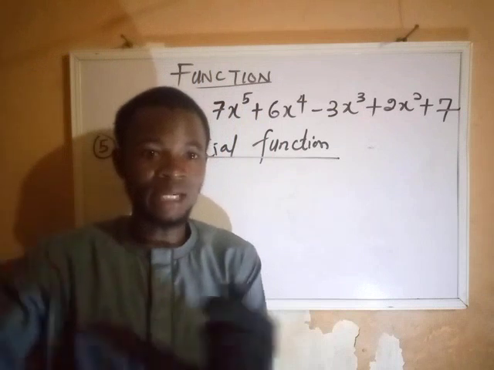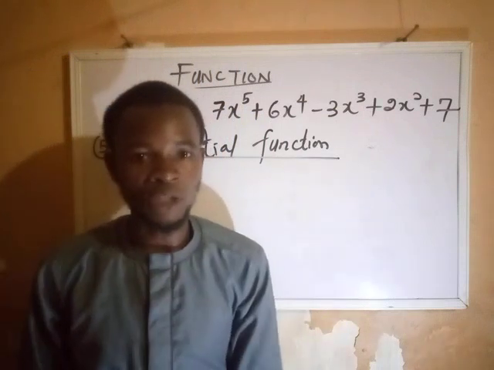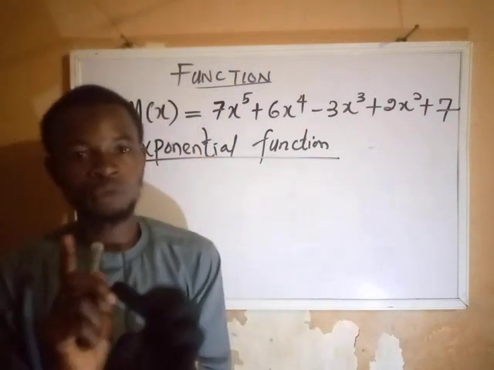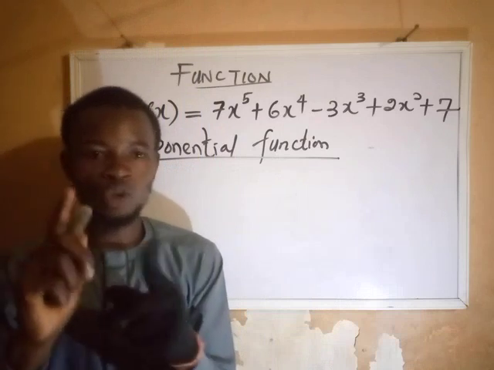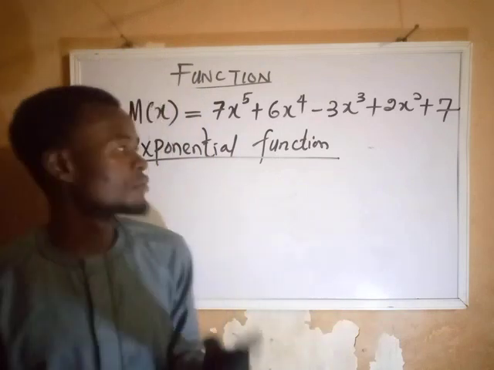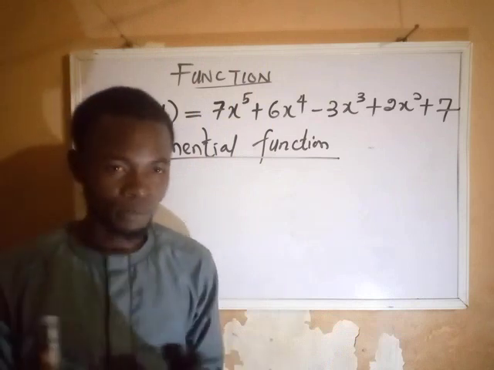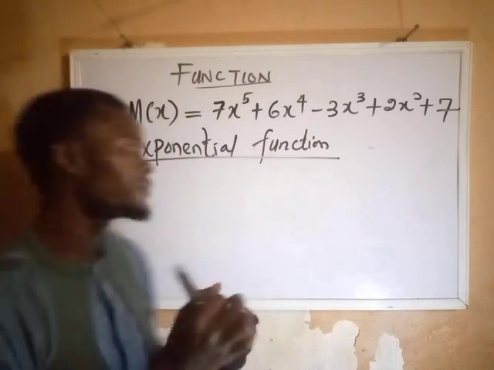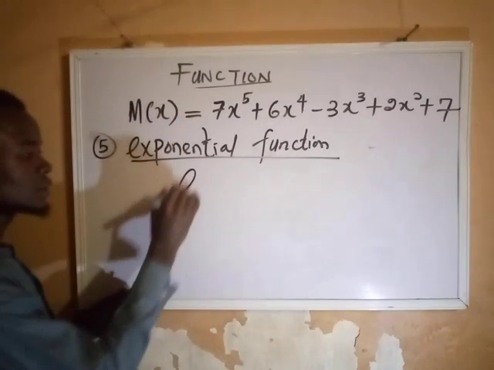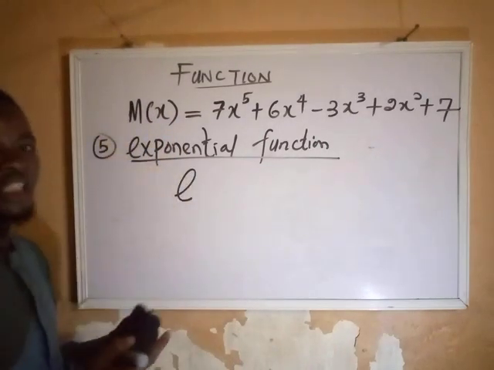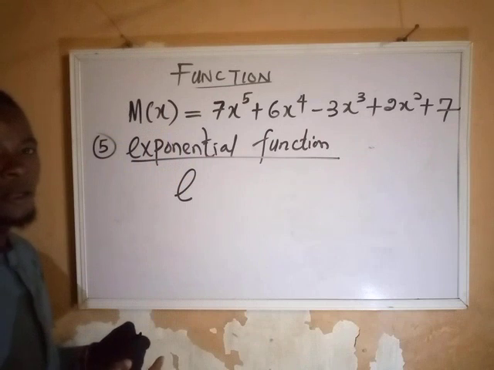I mean, it takes on a power that is variable, then we call it exponential. But there is one particular symbol that always denotes the exponential form of a function, which is e, and that e is very powerful. So whenever you have e like this, this is the exponential symbol.